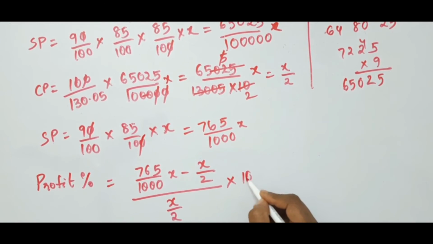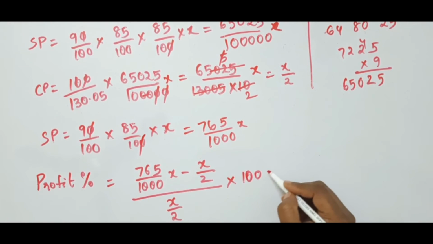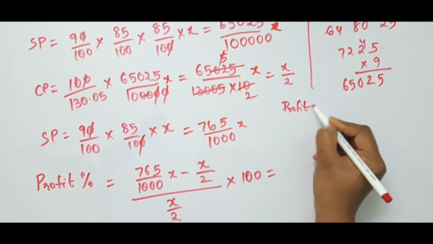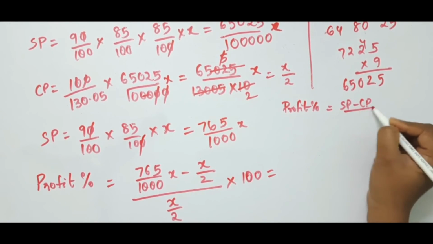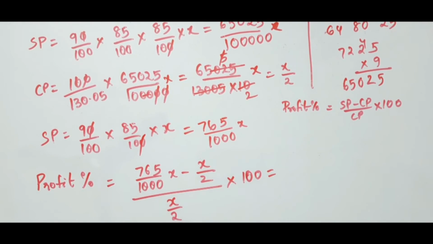This is the percentage formula, is it not? SP minus CP by CP into 100. This is the profit percentage formula I am using here to find the profit percentage.